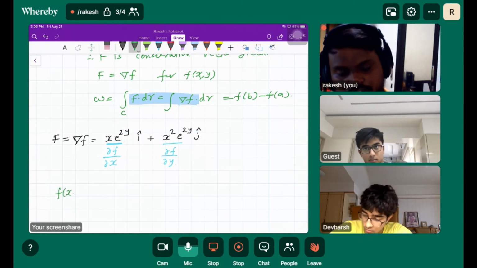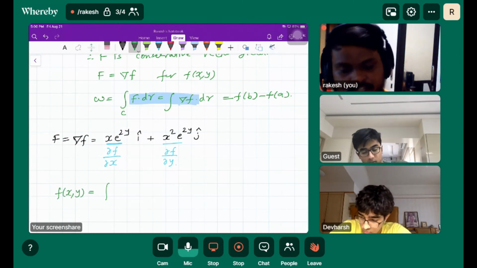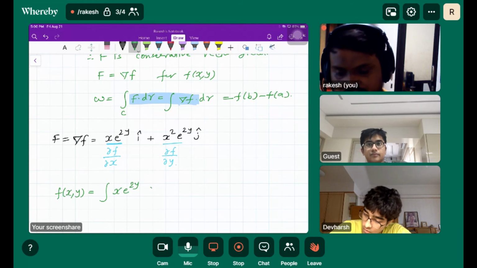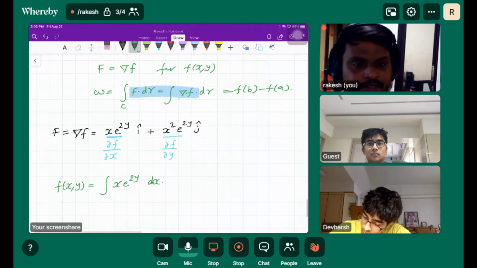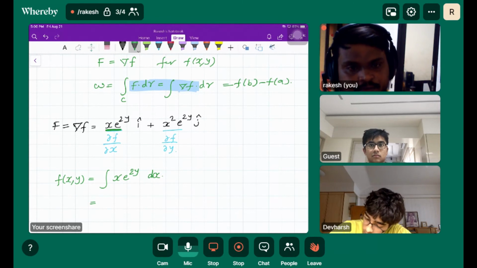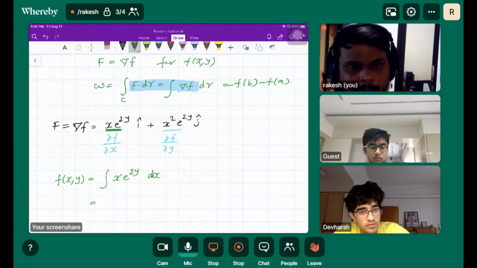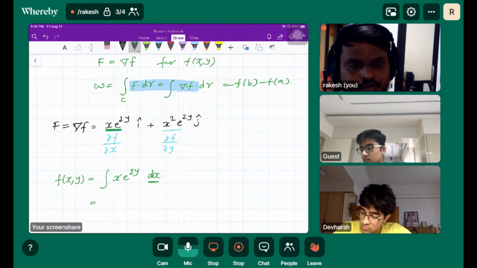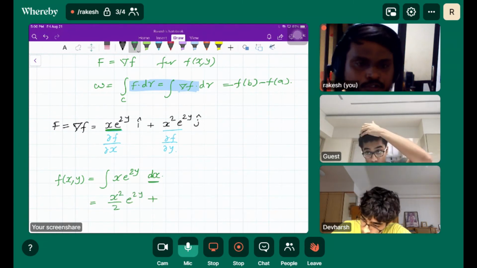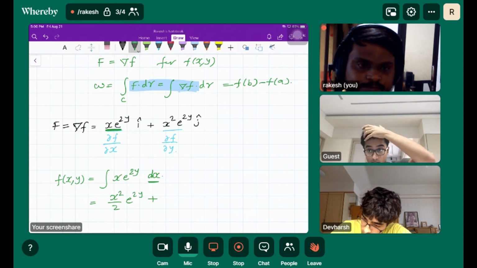So f(x, y) will be the integration of x e^(2y) dx. We are integrating with respect to x here, and e^(2y) is constant. So x²/2 e^(2y) plus, what should I write here after this?